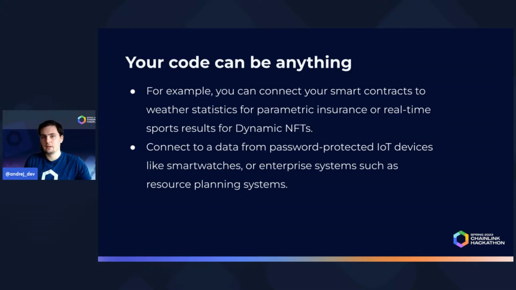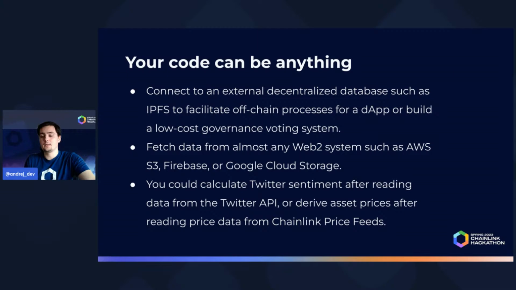So you can even access, as I said, password protected IoT devices. What else? Well, you can connect to any external database like MongoDB or whatever, or IPFS, decentralized storage providers like Filecoin, whatever you want, basically to pull data from there.